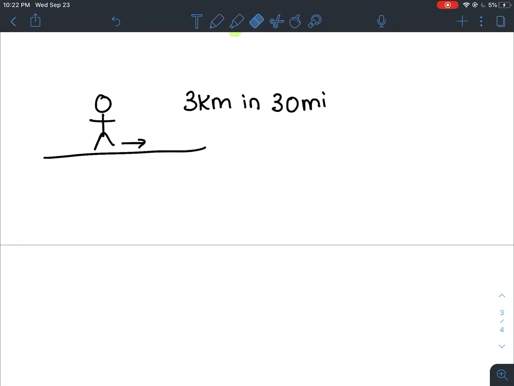No, you know what, let's put this in terms of hours. Let's say you can walk 3 kilometers in 0.5 hours.